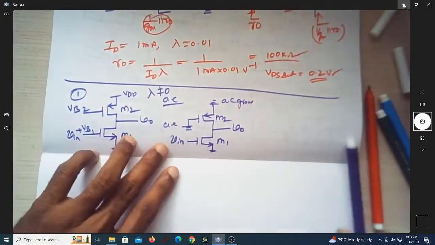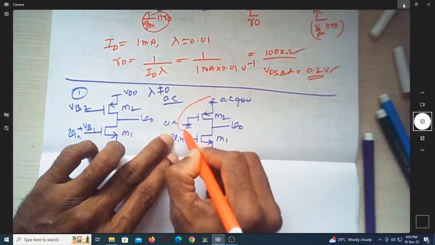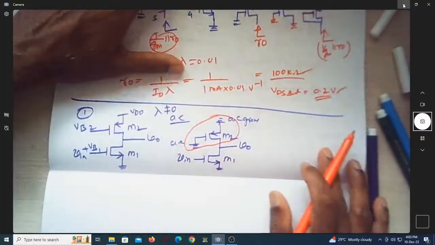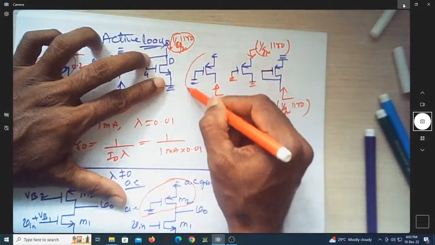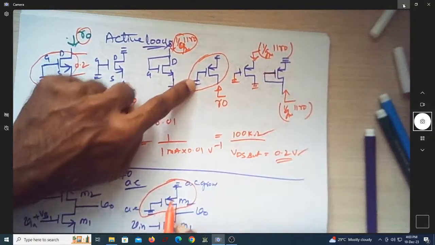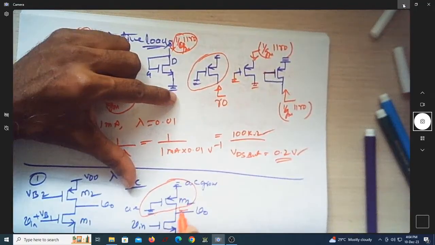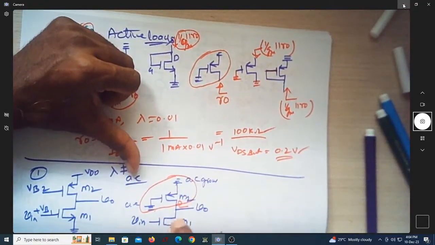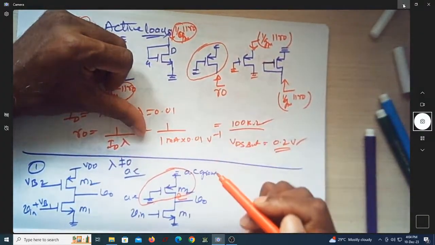Now, is this transistor which you're considering this way not of this type? See here, are these two of the same category? Is the gate grounded? Is the source grounded? Now, are you looking for the resistance offered by M2? So what will M2 offer now? Does M2 offer R0?